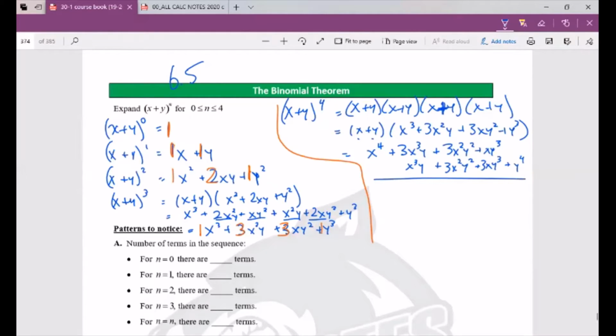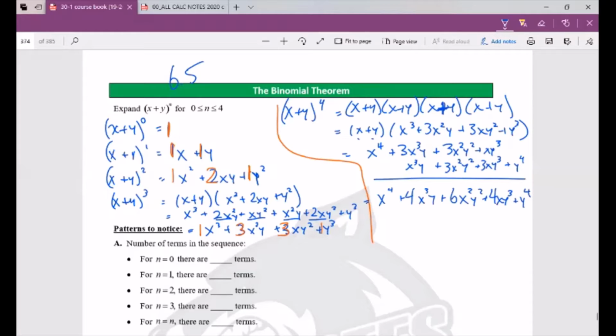If I add this down, this gives me x to the 4 plus 4x cubed y plus 6x squared y squared plus 4xy cubed plus y to the 4.